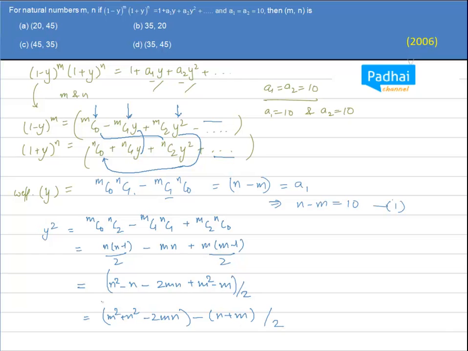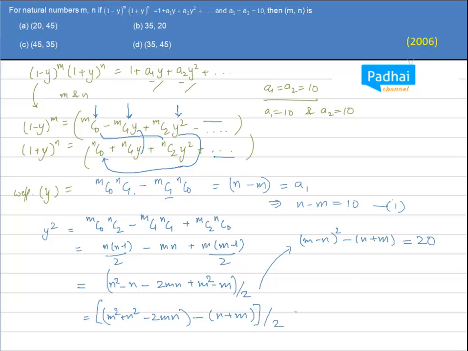Okay, this is what I'll get. Alright, and this is given to me to be equal to 10. So let me calculate this first. This will be m minus n whole square minus m plus n is equal to 20.